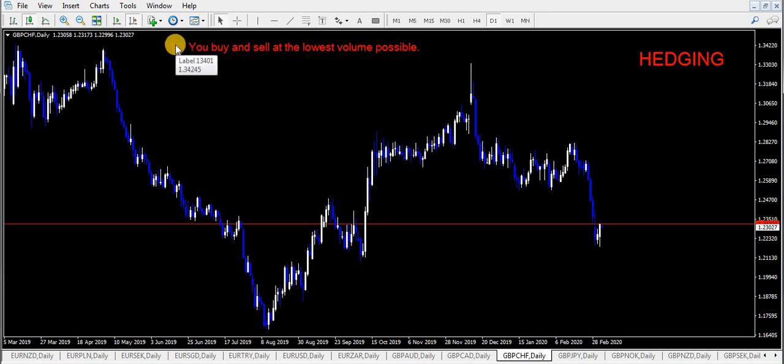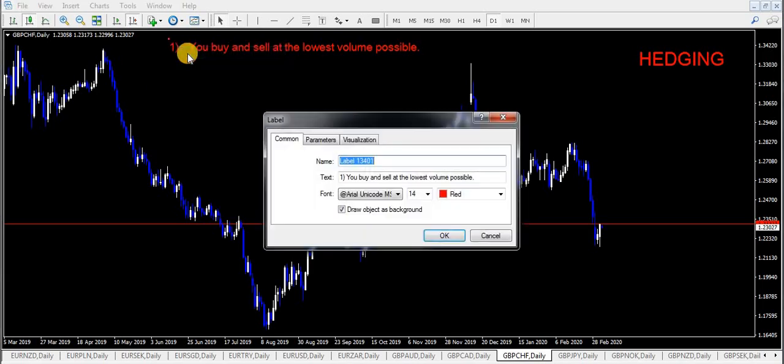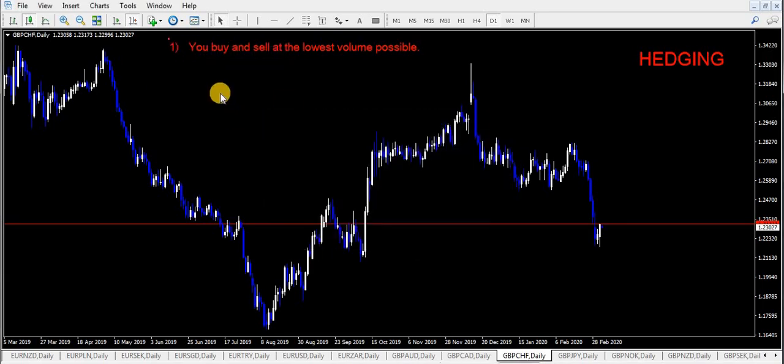But for normal forex pairs, it is normally 0.01. So you buy and sell at 0.01, which is the lowest possible volume.